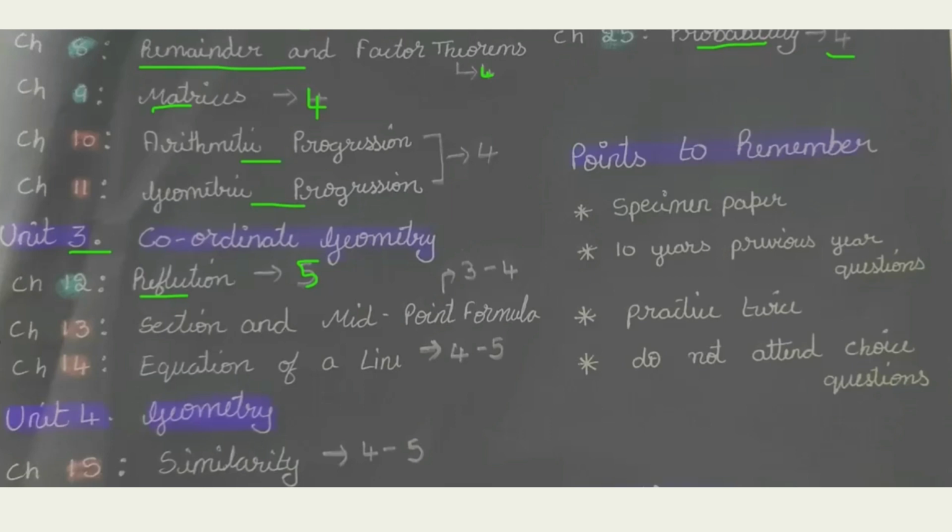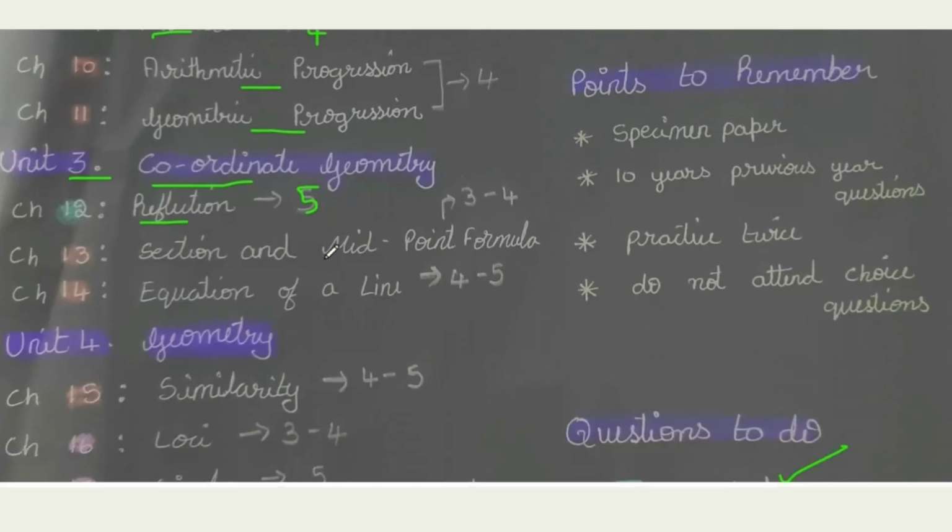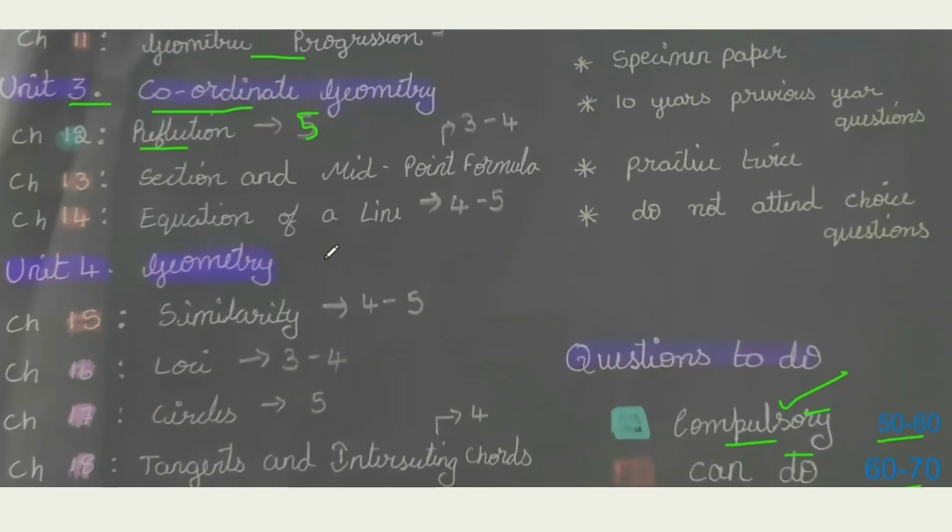And the next is coordinate geometry, unit 3. Students feel this unit is a little bit difficult. In this unit we have the 13th and 14th chapters, section and midpoint formula. In this also I will tell that maths is only about formulas.